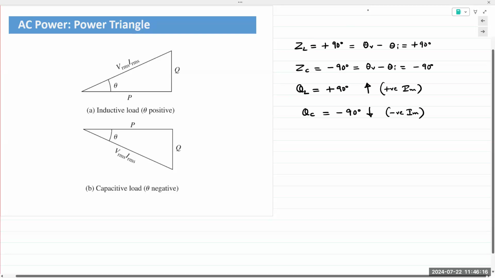Okay. So if we use, this is the real axis, and this is the imaginary axis. This is where we would plot our real power P in watts. And this is where we plot our imaginary Q.